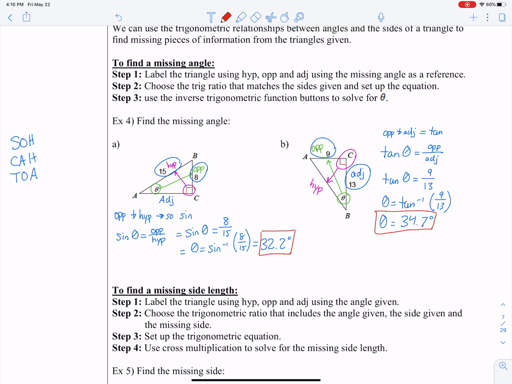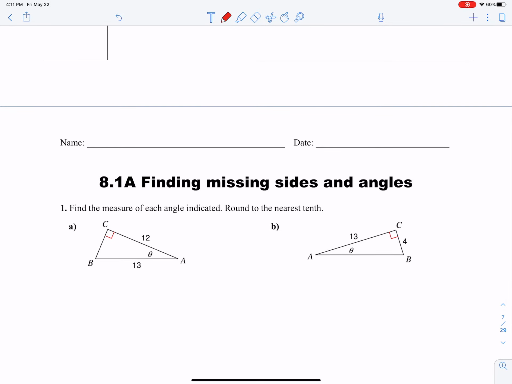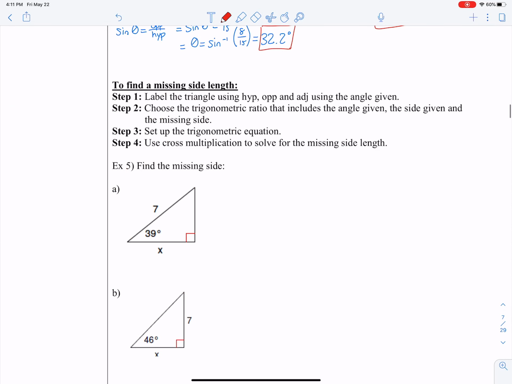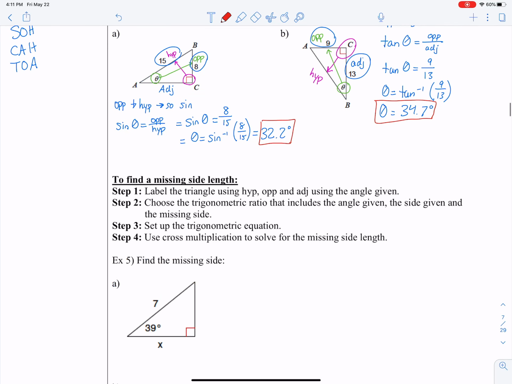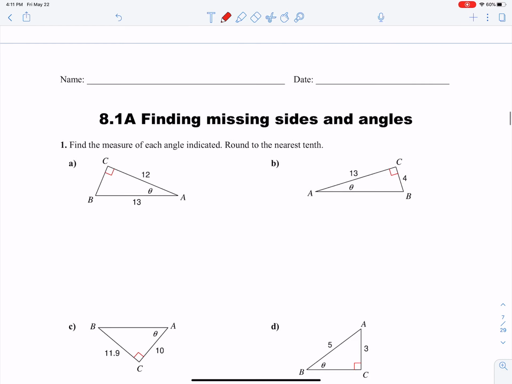Okay, so now, what's the homework for this? 1A worksheet. Oh, okay, so it's right here. So now you're going to, at this point, do find the missing sides.